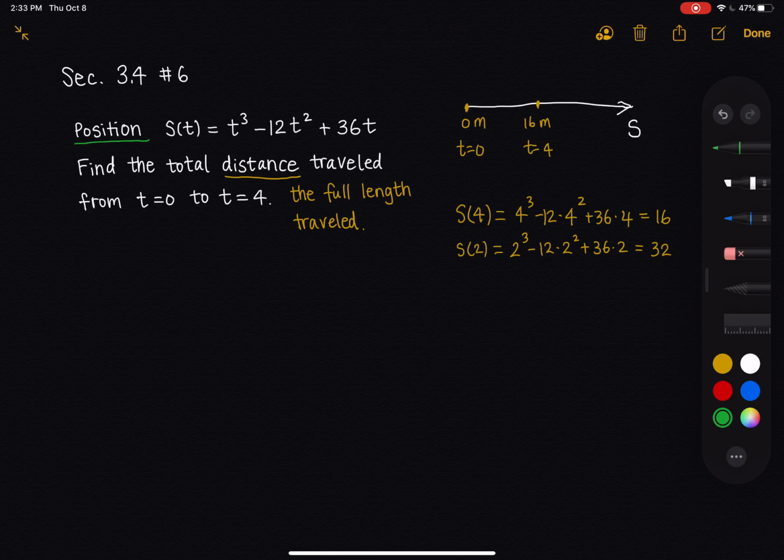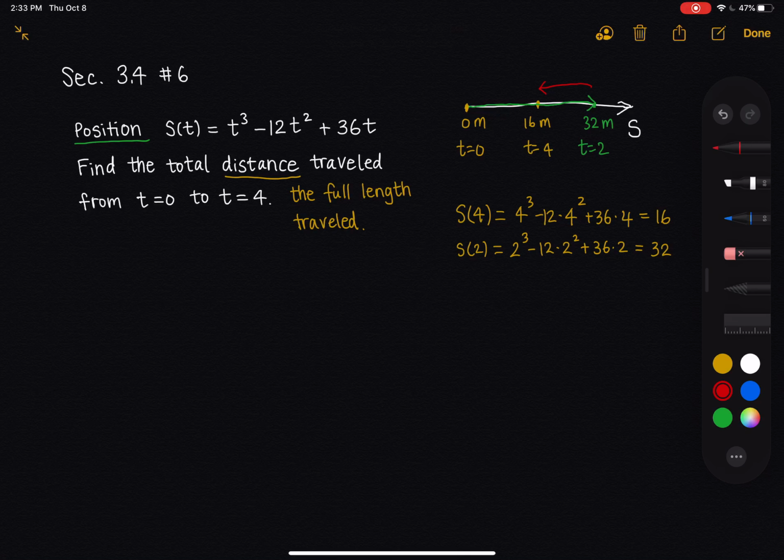What it means is that at time t equals 2, the particle is 32 meters away from where it started. So it's traveling along the s-axis this way, and somehow it goes back and ends up 16 meters away.